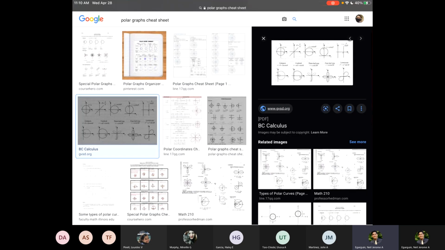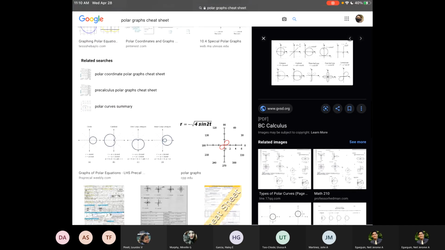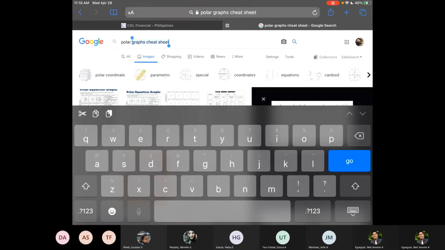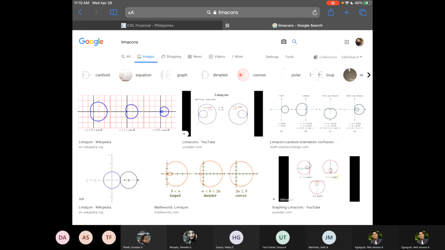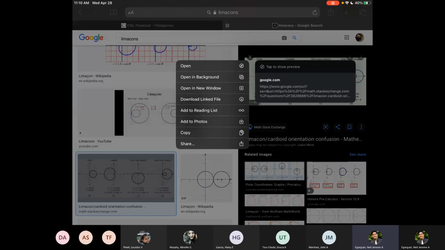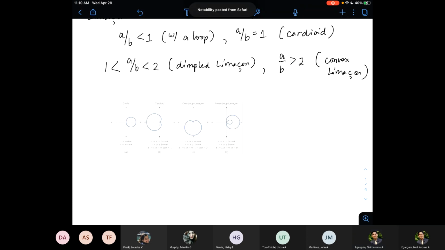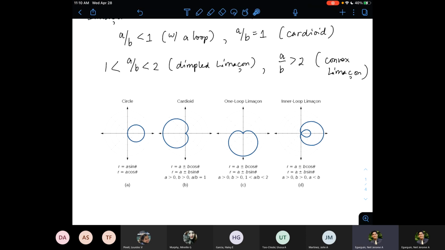Let's see. Okay, I think this is good. Okay, so basically, these are how these limaçons look like.